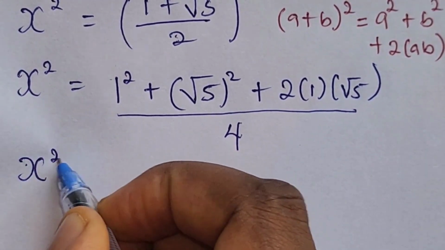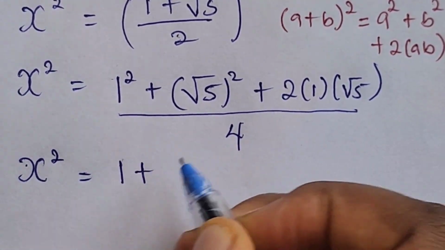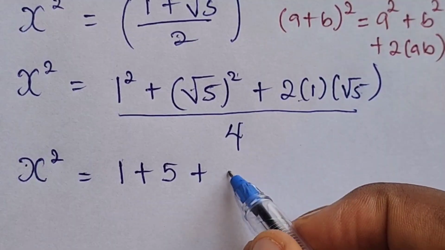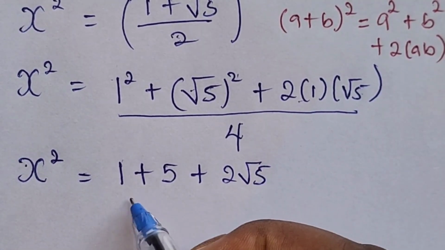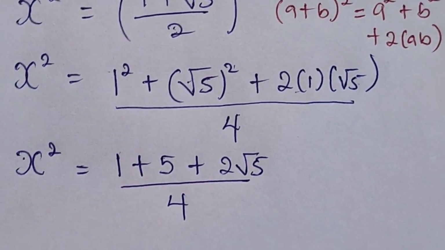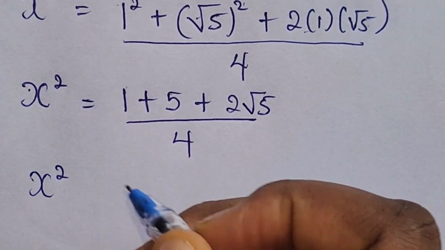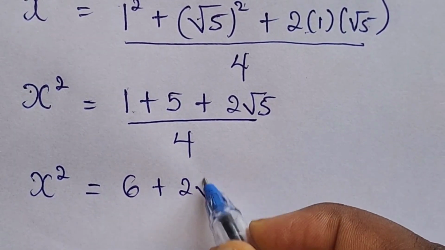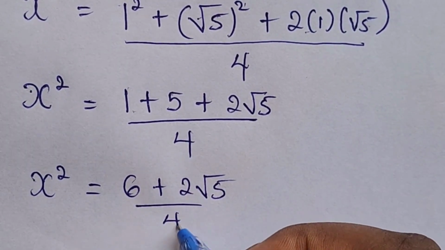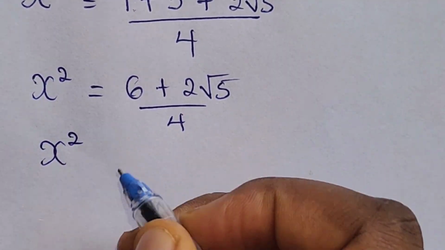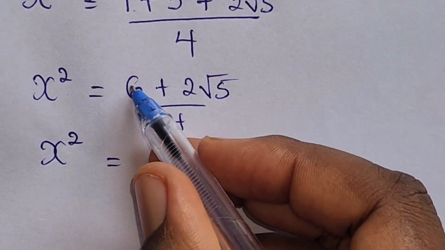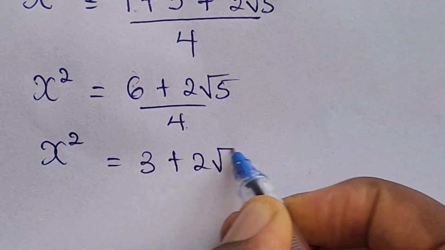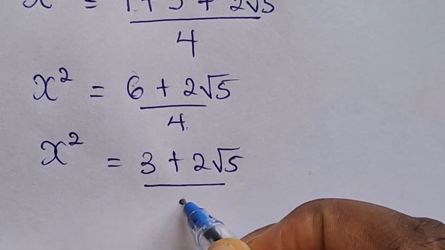So our x squared is equal to 1 plus 5, which is 6, plus 2√5, all over 4. When we reduce by 2, we have x squared equal to (3 + √5) all over 2.